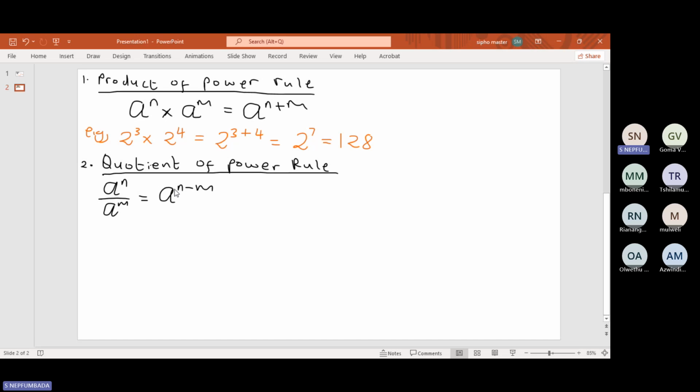It says when the bases are the same and there's a division, we subtract the exponents.